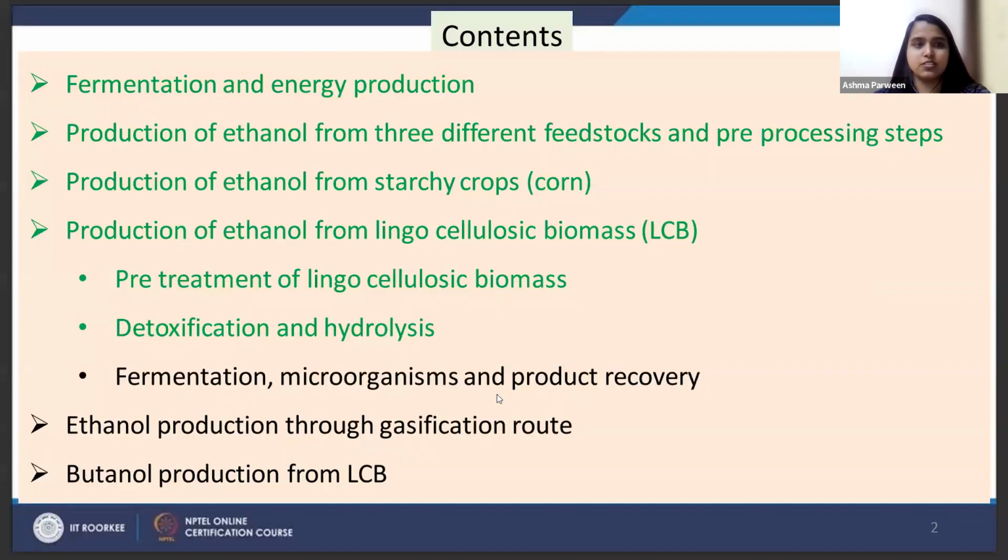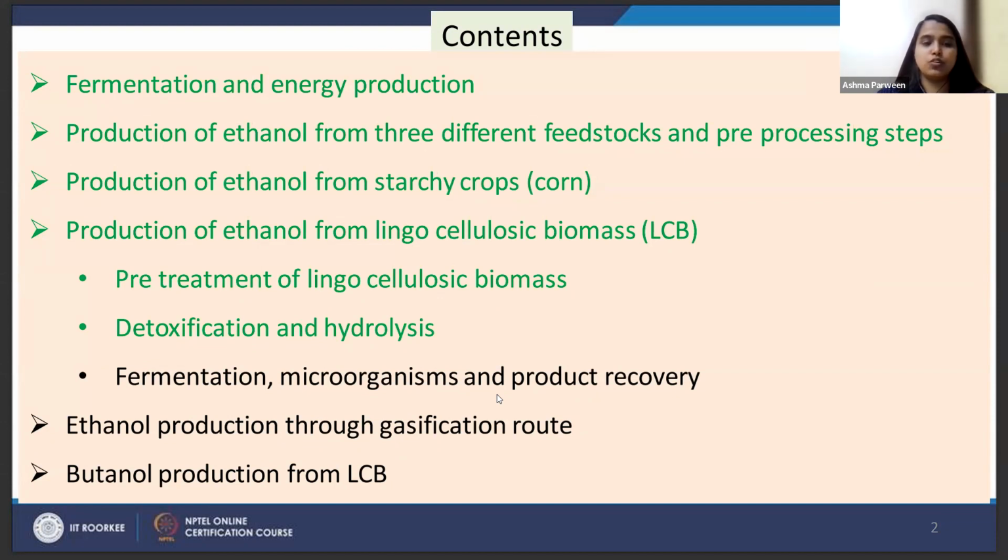We have already discussed what fermentation is and how energy is produced from it, the production of ethanol from different feedstock, the pre-processes required for lignocellulosic biomass, production of ethanol from starchy crops, production of ethanol from lignocellulosic biomass, the pre-treatments, and what detoxification and hydrolysis are.